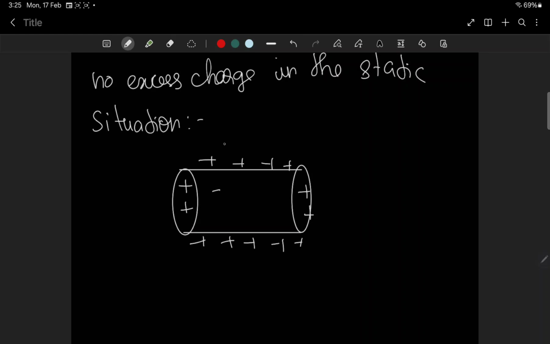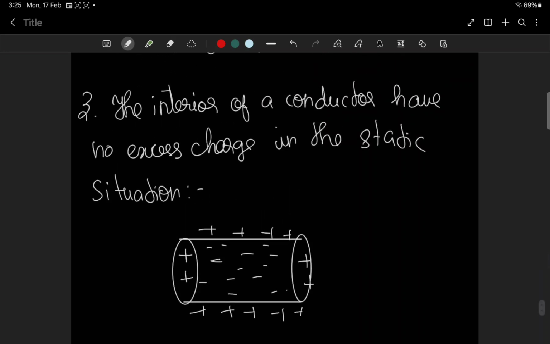There are positive charges, there are negative. There are negative, there are positive. Understand? Okay. There is no excess charge in the static situation, that is, in the interior of the conductor.